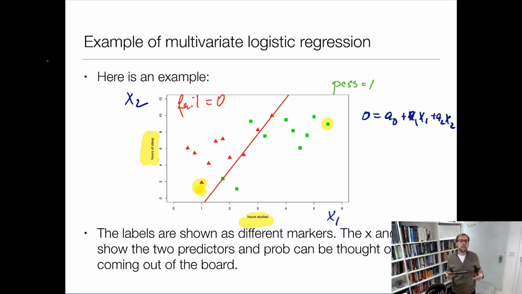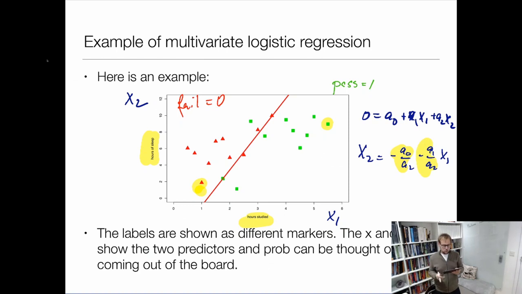It does not look like a linear function, but if I solve it for x2, I would get x2 is equal to minus a0 over a2 minus a1 over a2 x1. So now hopefully you can see it's a linear function with some intercept and some slope, x2 as a function of x1. So this is the decision boundary, which is this red line here.